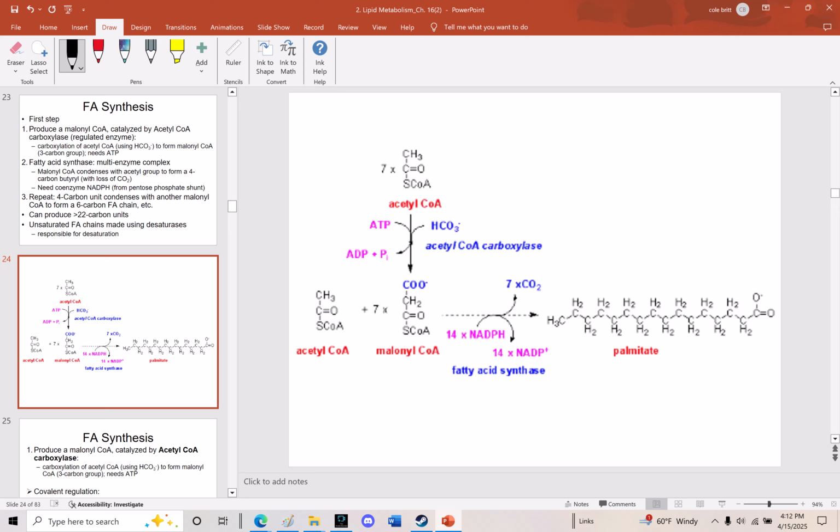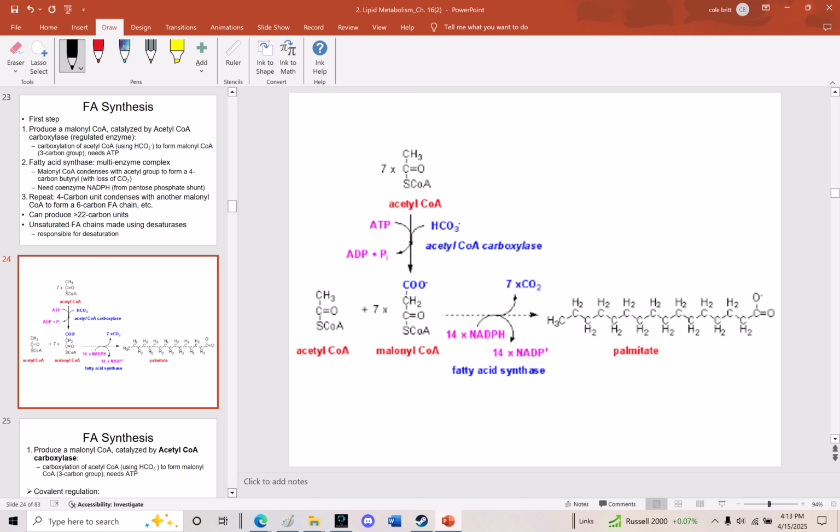But if you wanted to make it unsaturated, you would just add in a desaturase enzyme, and your cells can make a double bond here and get rid of these hydrogens, so you end up with an unsaturated fatty acid. So your body will do that too. It just depends on whether your body needs a saturated fatty acid or an unsaturated one for what it's making.